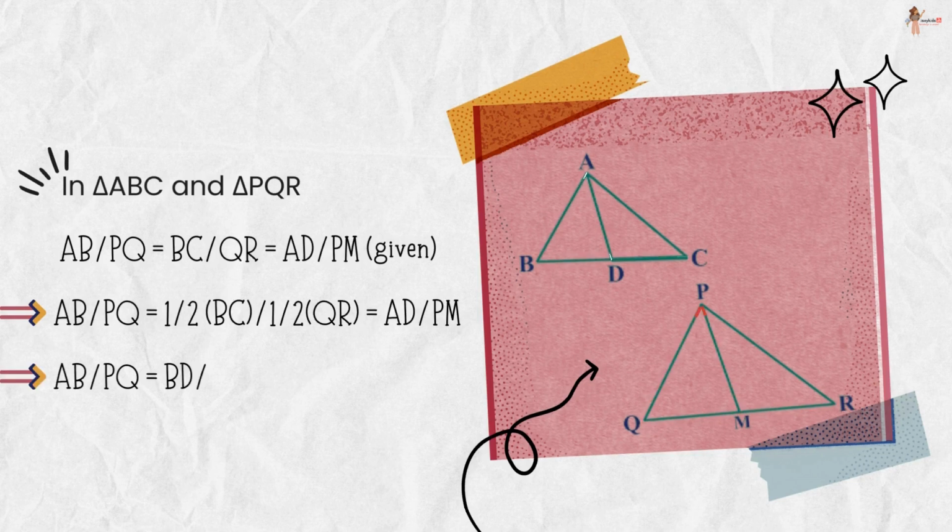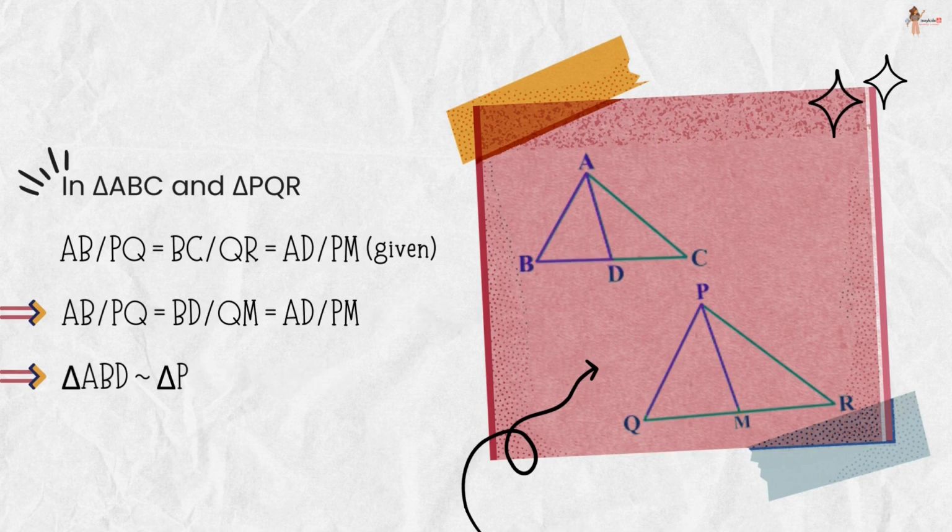Thus, AB upon PQ is equal to BD upon QM, which is also equal to AD upon PM, as AD is the median and hence BD is half of BC, and similarly QM is half of QR, which means triangle ABD is similar to triangle PQM by SSS similarity criteria, right? Now, these two triangles are similar.